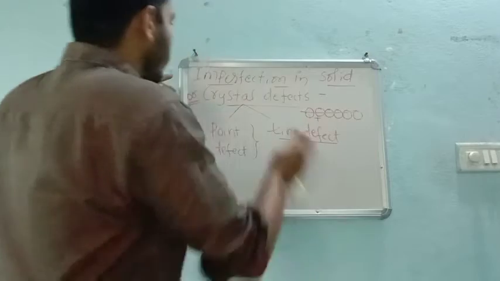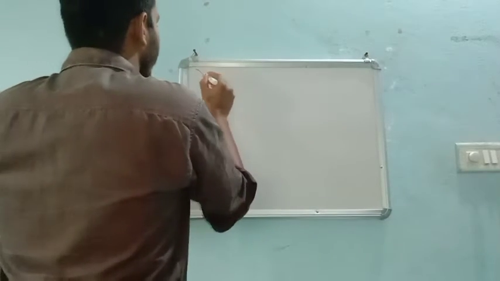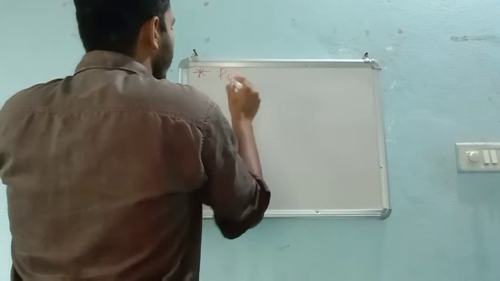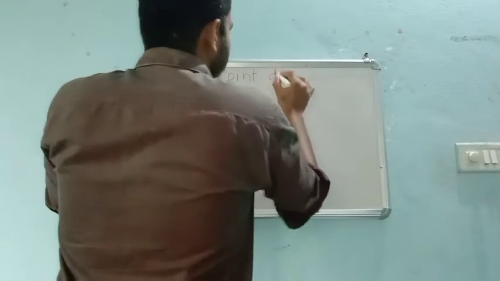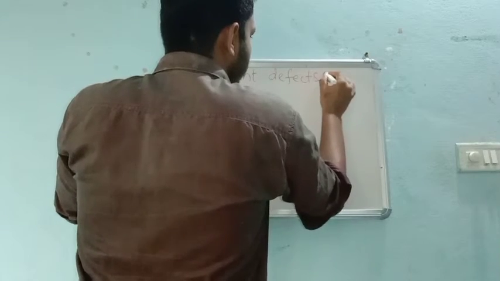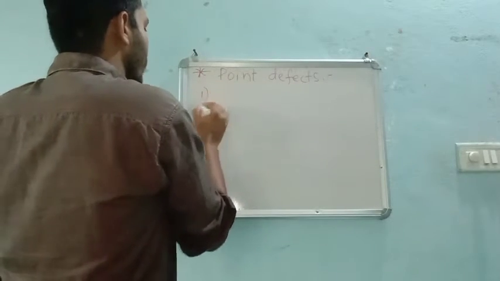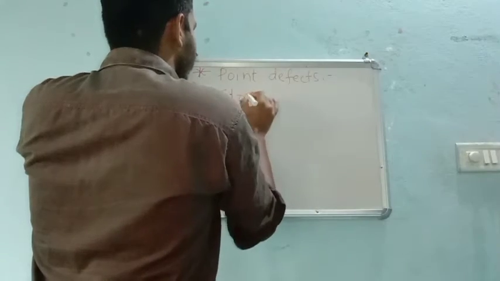I will introduce the different types of point defects. There are three types of point defects, right? First of all, our heading will be point defect. Point defect means at a single point the geometry or irregularity will come. These point defects are of three types. One is the stoichiometric defect.